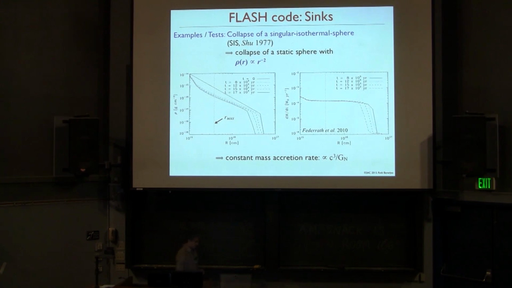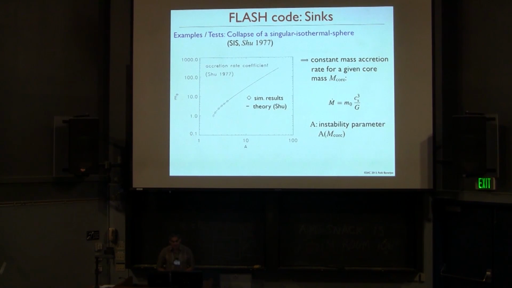The theory for the collapse of a singular isothermal sphere, as Frank Shu told us in 1977, says that the accretion rate is essentially constant and proportional to the sound speed cubed over the gravitational constant. And this is what we find. The accretion rate is constant and fulfills the theoretical prediction here. And you can do this for a couple of different singular isothermal spheres.